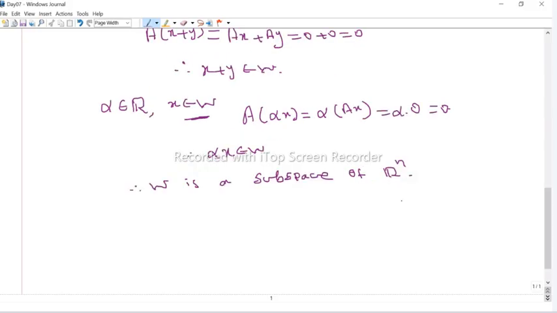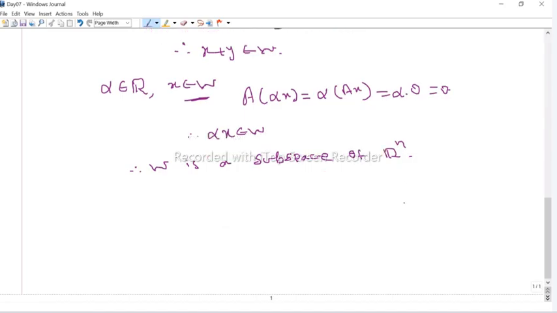Now, properties of subspaces: suppose we have two subspaces in a vector space, then the sum is always a subspace. How do we define the sum of two subspaces?